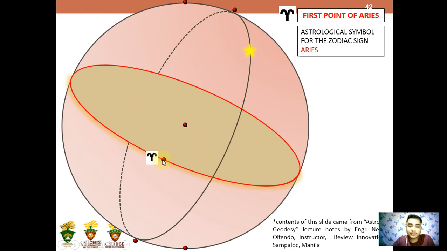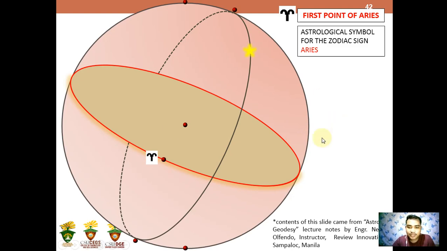From the vernal equinox, it runs to this point, where its difference from the equator is greater. So the summer solstice happens here, every June 21 or 22 every year. It means the daytime is longer compared to the night.